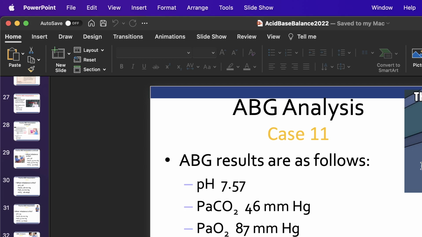So it's metabolic alkalosis. We know it's not fully compensated because our pH isn't normal. Off the table that comes. Our remaining value is in the opposite direction, so we know that means partial compensation. Okay, you got it.